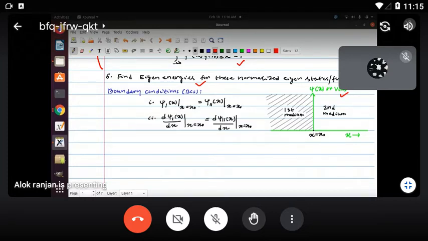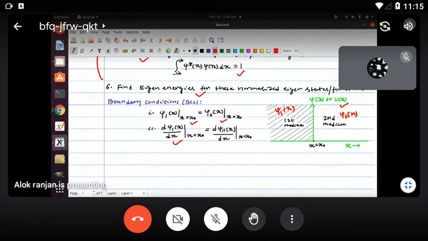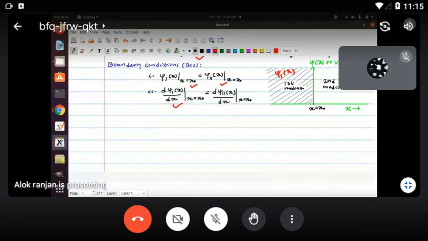So if psi1 represents the wave function in the first medium, and psi2 in the second medium, it must be continuous at x equals x naught, and the first derivative should also be continuous. So these are the important steps.